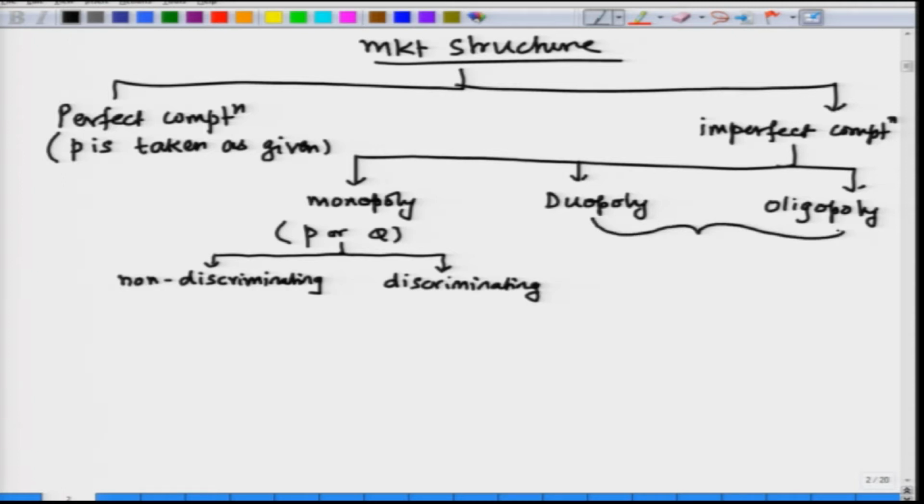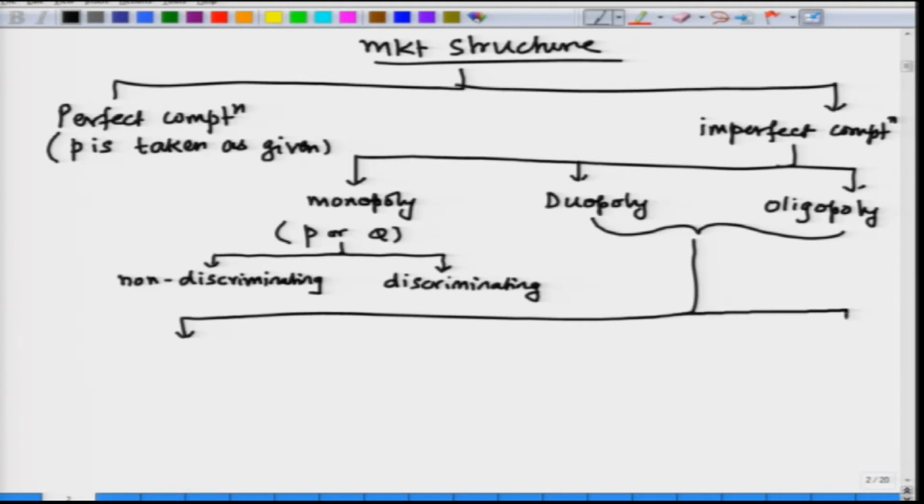Under duopoly and oligopoly, where duopoly has two firms and oligopoly has more than two firms, we will again look at two classifications, one which is behavior captured by non-cooperative actions, and the other one would be cooperative.